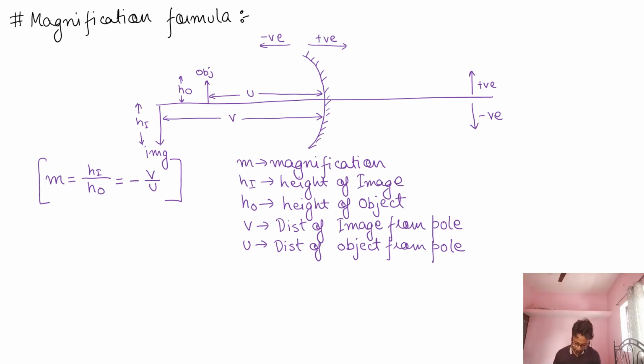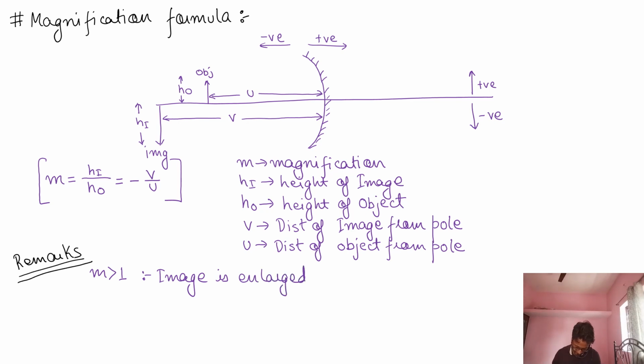Okay, now few remarks out here. Remarks means what does different values of magnification mean. So if m is greater than 1, that means the image is larger than object, or image is enlarged. If m is equal to 1, that means image is same size as the object. And when does that happen?